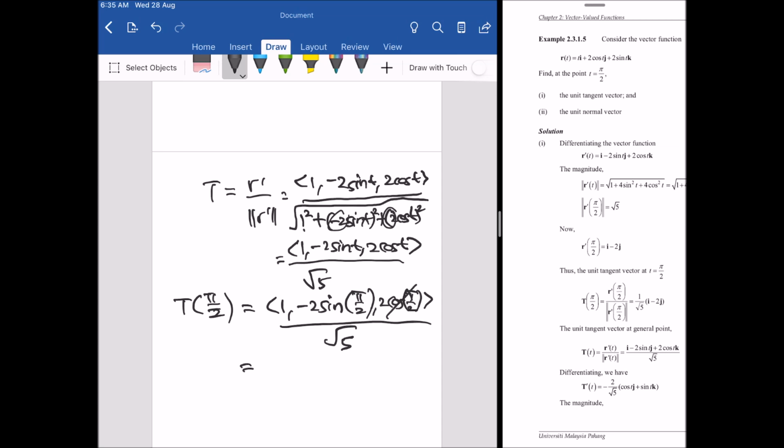Cos pi over 2 is equal to 0, and sin pi over 2 is equal to 1. So I have 1 over square root 5 and negative 2 over square root 5 as my unit tangent vector at time t equals pi over 2.